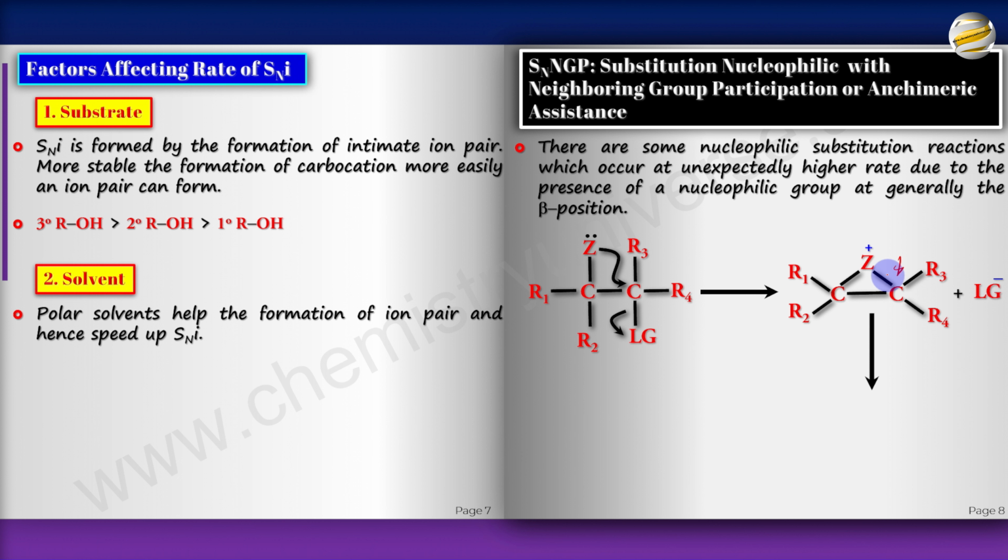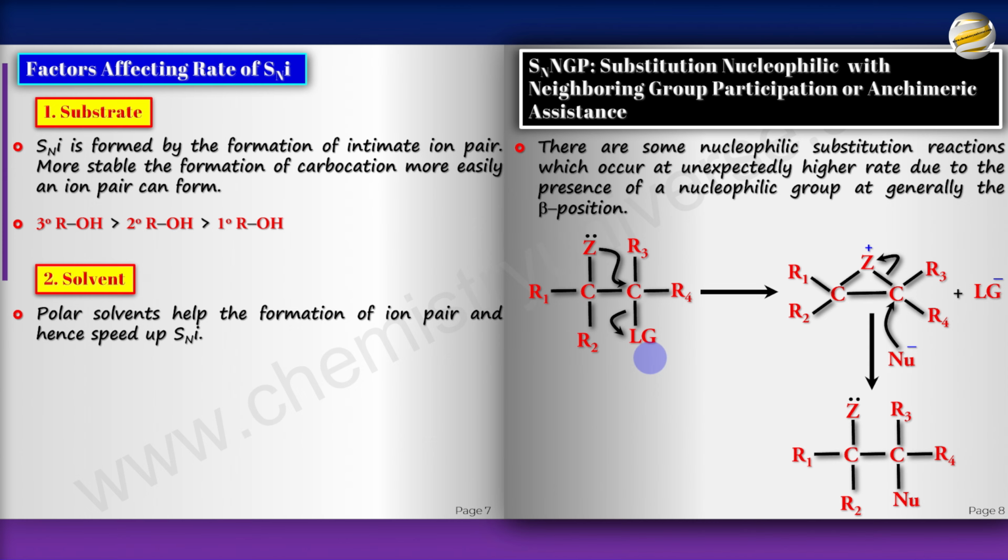In which side will it attack? The Z attacked from the back side of the leaving group. So this will attack from the back side of Z, which will again become the same side as the leaving group. So the nucleophile attacks here, the Z leaves, and you get this.